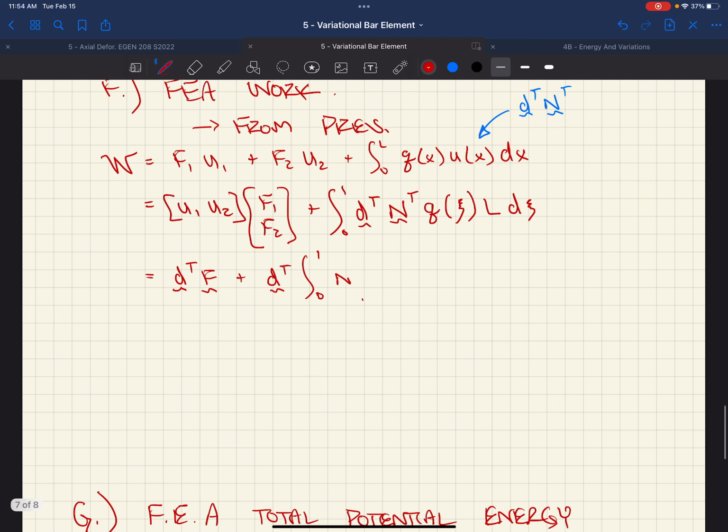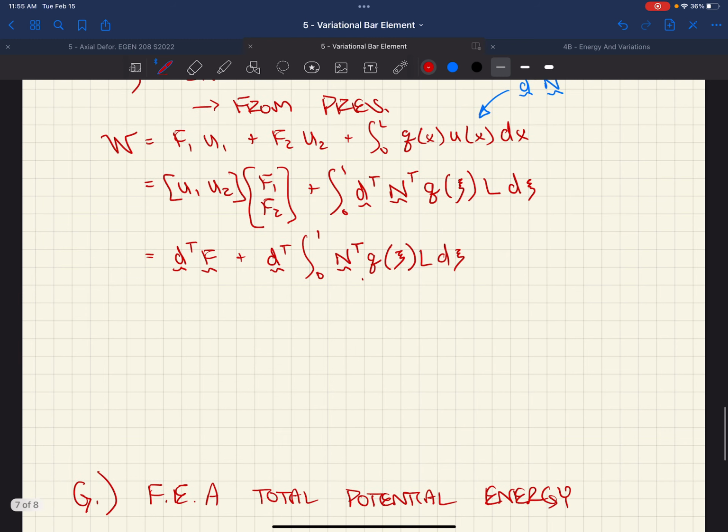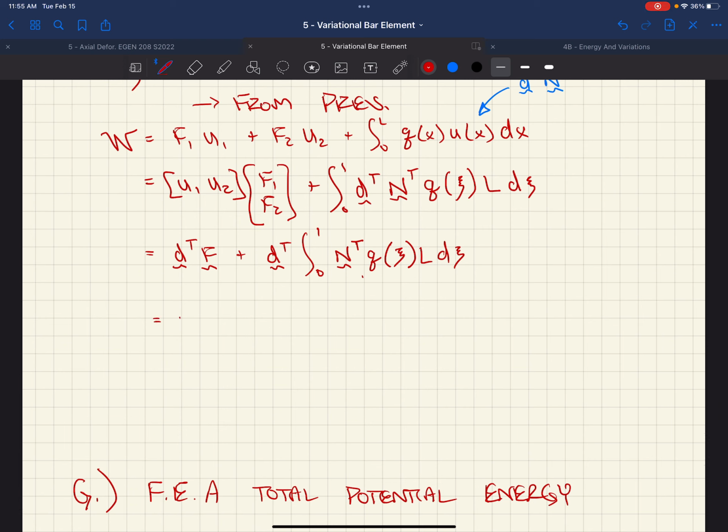We get N transpose, q sub xi, L d xi. Well, we're going to pull out, we both have our nodal values transposed.